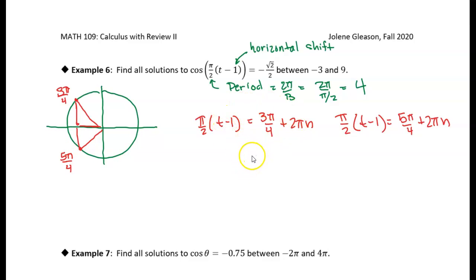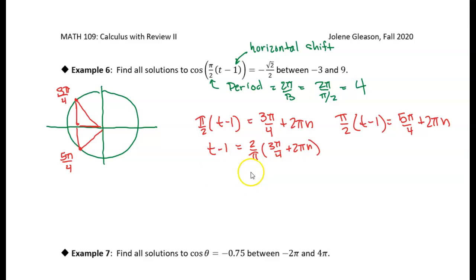First of all, we should divide both sides by pi over 2, which is really the same as multiplying by 2 over pi. So I end up with t minus 1 is equal to 2 over pi times 3 pi over 4 plus 2 pi n. Let's work with this one first.